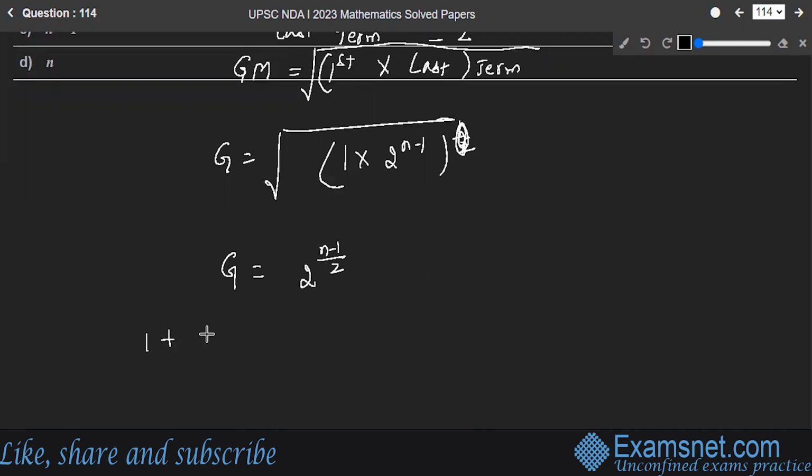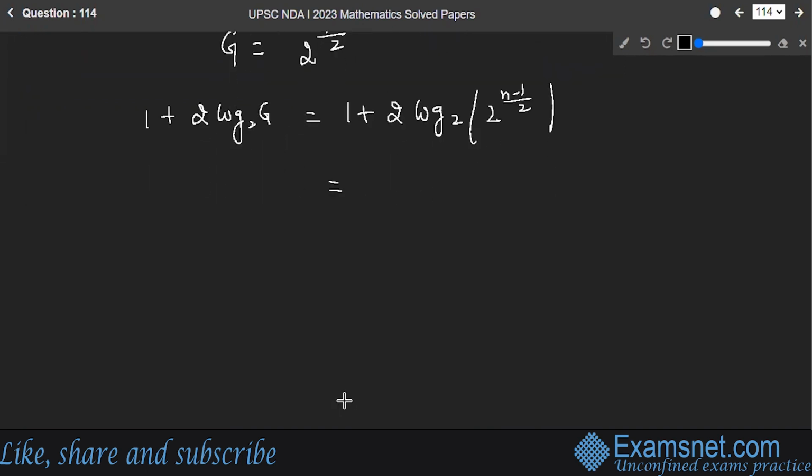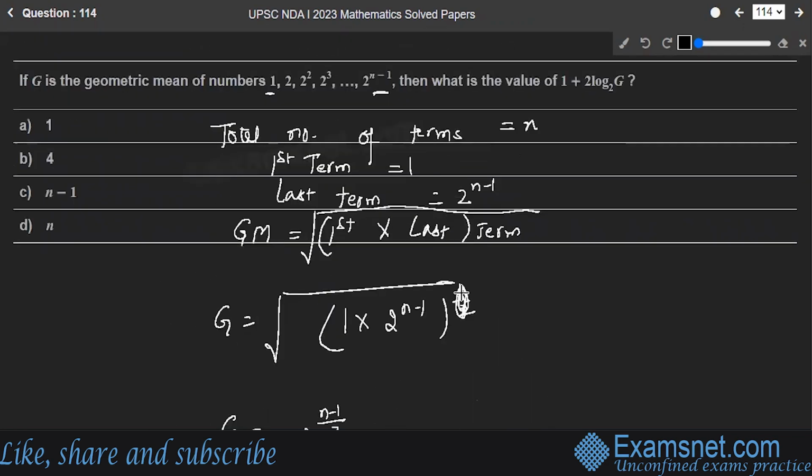Now 1 plus 2 log 2 G is equal to 1 plus 2 log 2 of 2 raised to power n minus 1 upon 2, which is equal to 1 plus 2 times n minus 1 upon 2, which will be equal to n. So this is the answer to our question. Option D is the correct one.